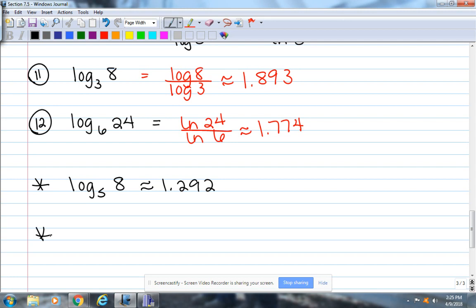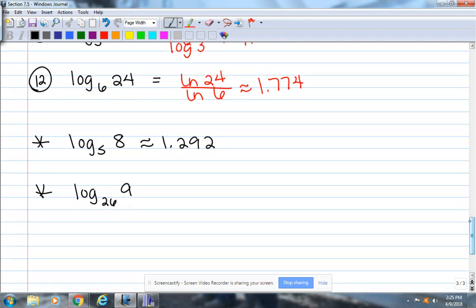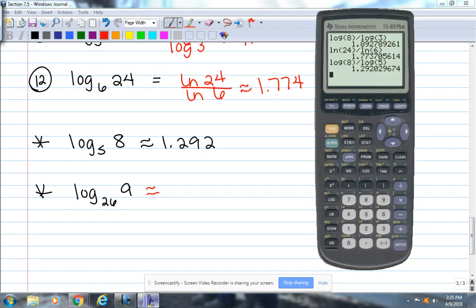Y'all do one more for me. Log base 26 of 9. Which one goes on the bottom? This goes on the bottom, even if it's bigger or smaller.